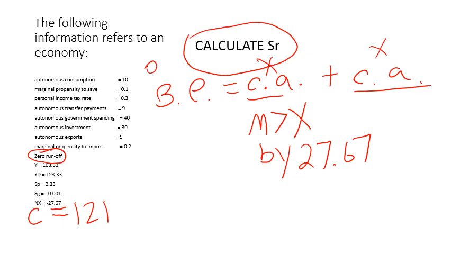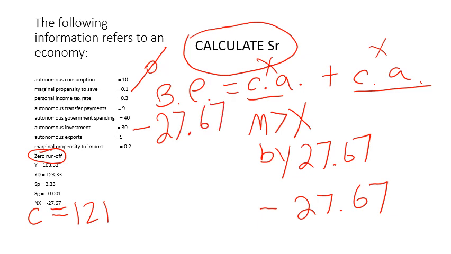So our current account would show negative 27.67, and our balance of payments would no longer be 0. Our balance of payments would be equal to negative 27.67. Okay, so what is our assumption here?